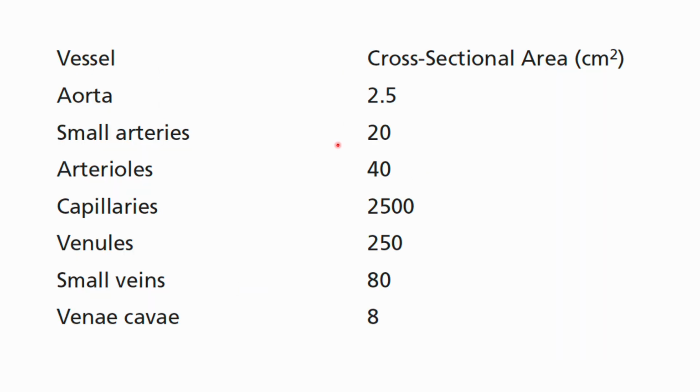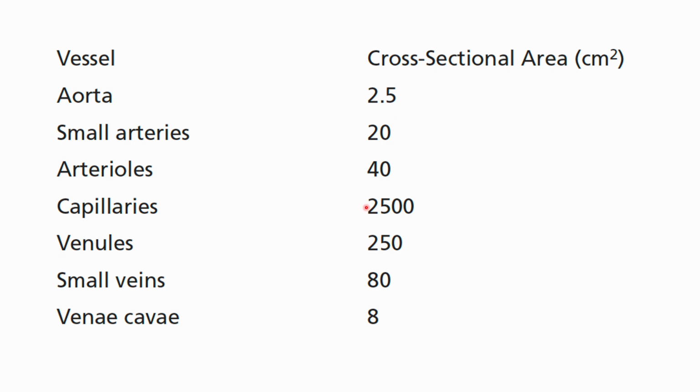This table shows the cross-sectional area per each type of vessel, and you can see here that the aorta has the lowest cross-sectional area and so the highest velocity. Again, this is important because the aorta acts as a conduit, so it transfers blood from the left ventricle to the smaller vessels, to the downstream vessels, after dampening the pulsatility of the blood flow.